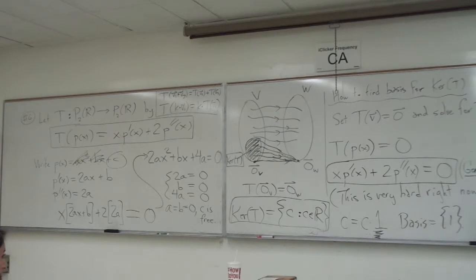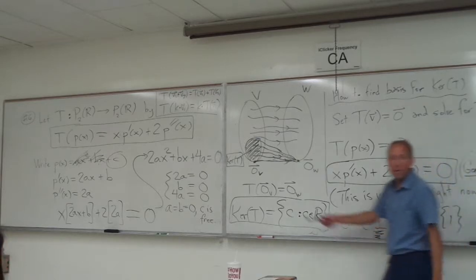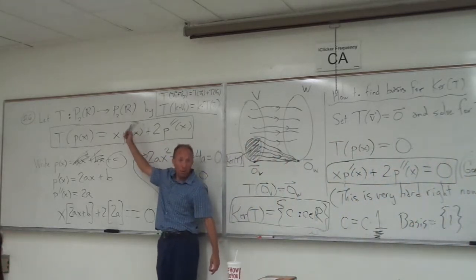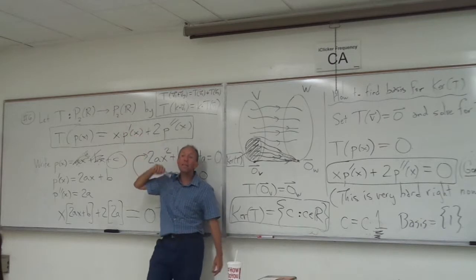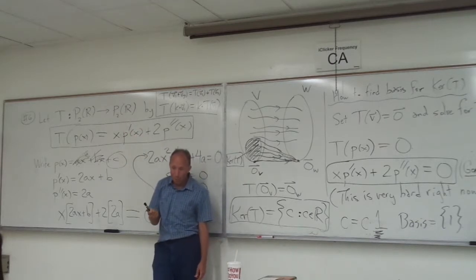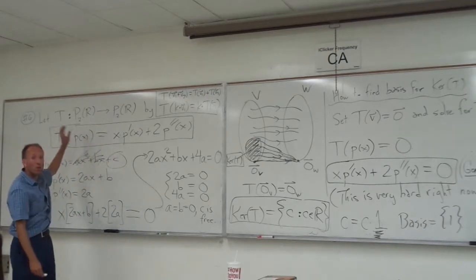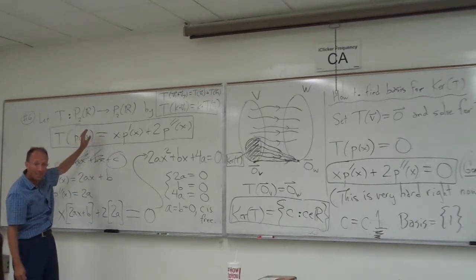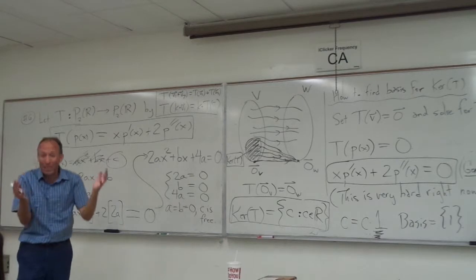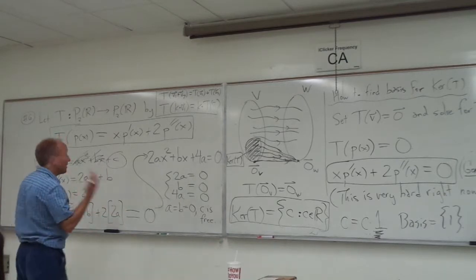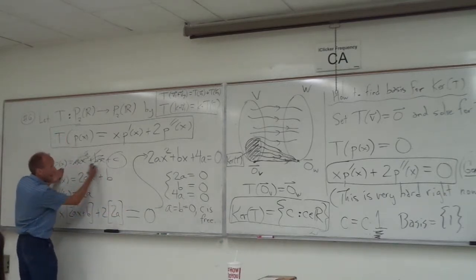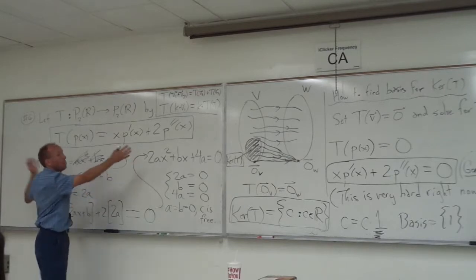Yes. You know what's weird about this problem that makes it a little tricky is that this is what you were given to work with, right? Showing that it is linear, which is what part A was, is easier to do by just leaving it as an abstract p of x. But figuring out what the kernel is better done by writing out explicitly what your p of x form is.